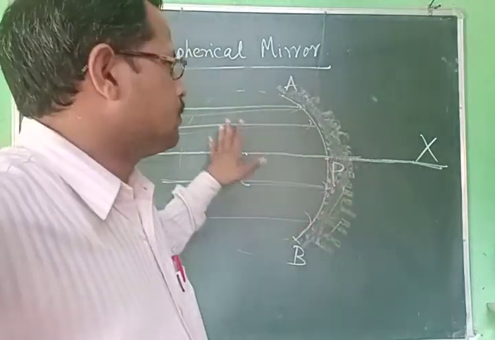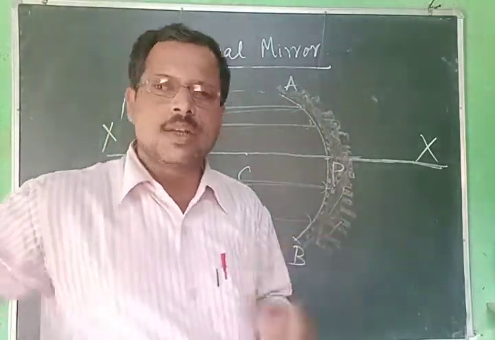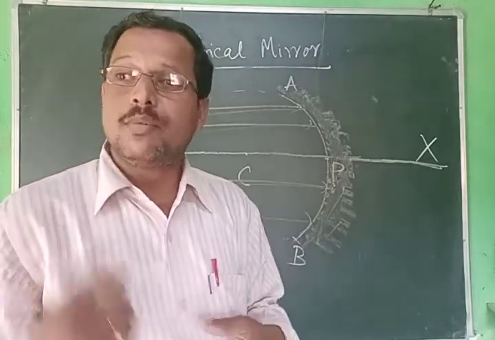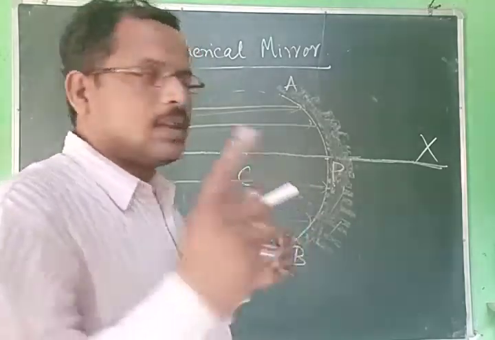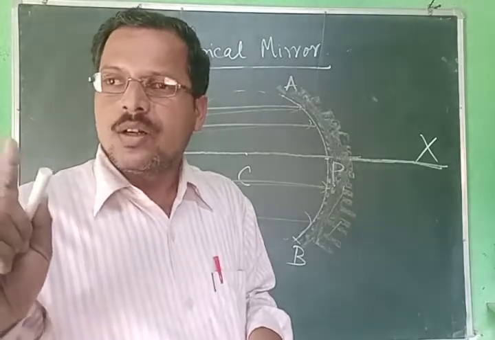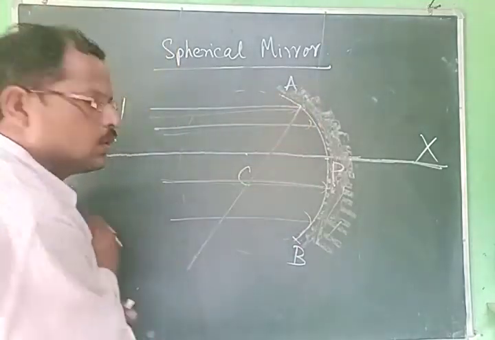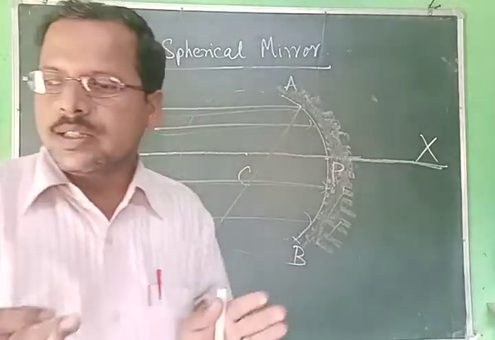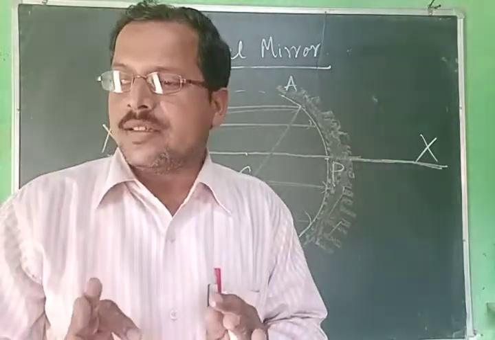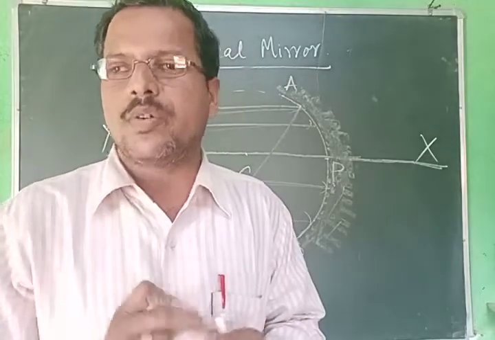When rays come parallel to the principal axis, after getting reflected by following the laws of reflection, they pass through a point.